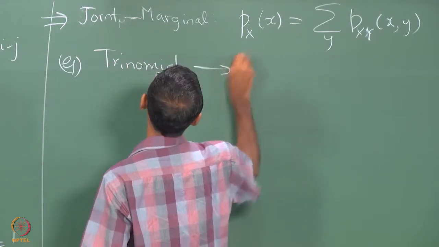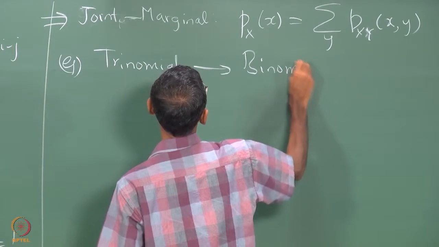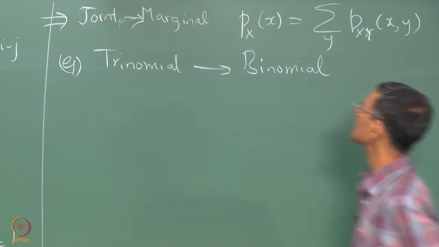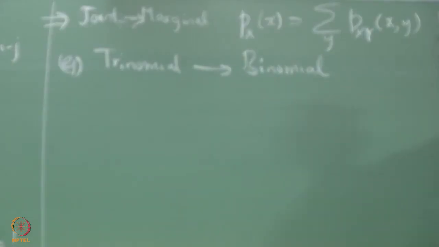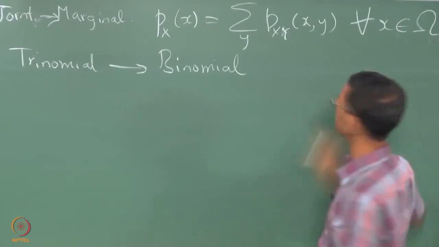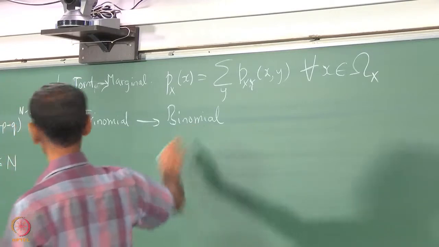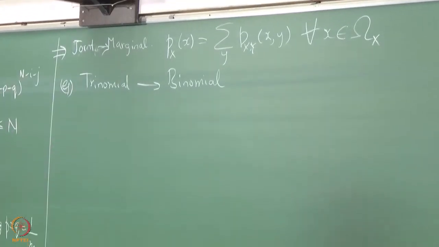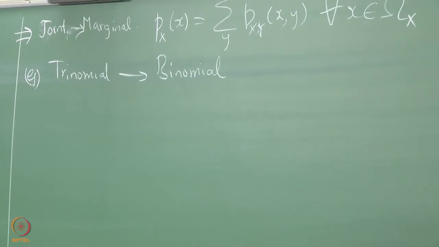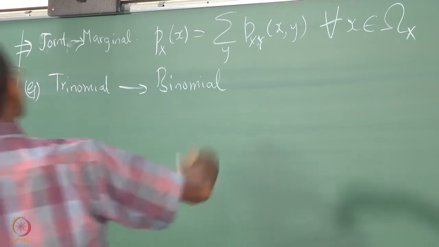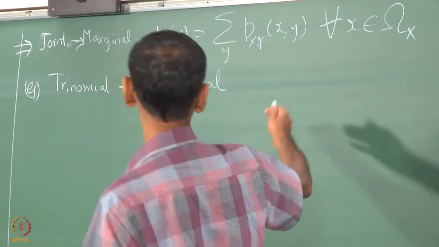Trinomial gives you binomial. So this calculation has to be repeated separately for all x in omega x. In this particular thing it was easy to do because you had to do only one summation and the I did not matter, right. Whatever I you had, the same summation held, but in general you may have to sum differently, but it does not matter, it is still doable.